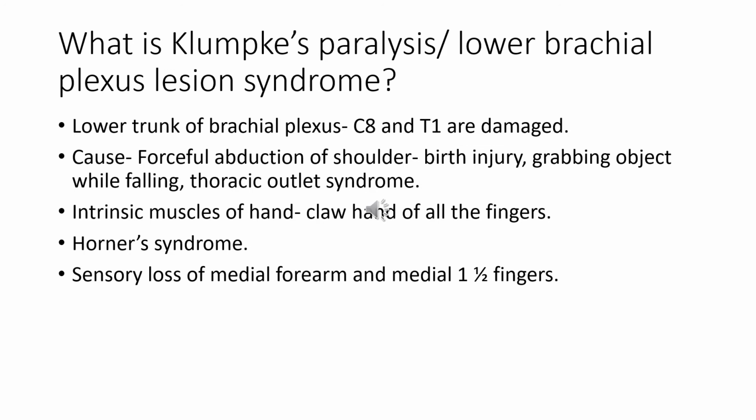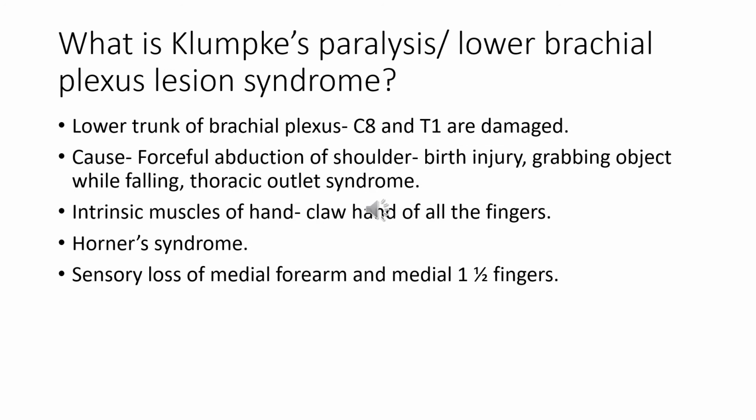We know that claw hand of the fourth and fifth fingers alone happens in ulnar nerve lesion, while claw hand of second and third fingers happens in median nerve lesion.